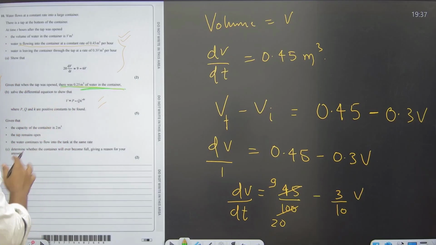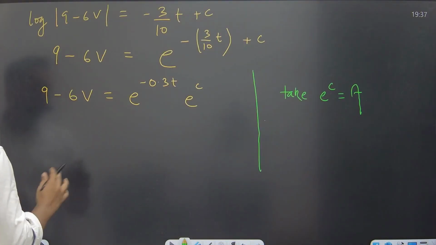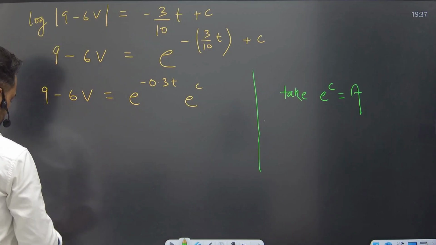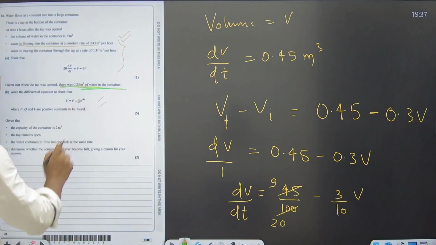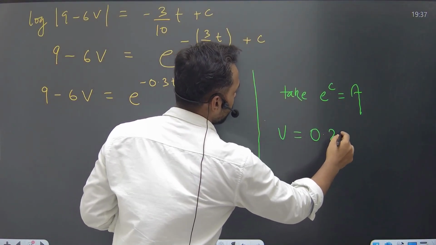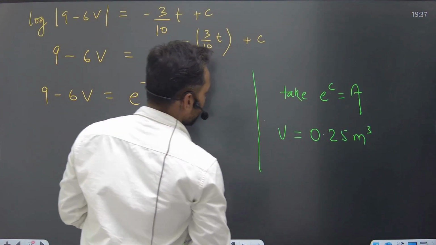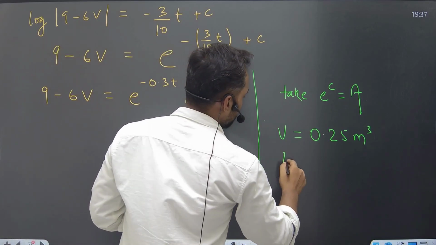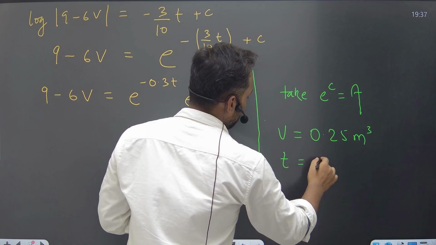So we can say that the volume given in the question is 0.25. So volume is 0.25 meter cube. Tap is open means time will be 0.